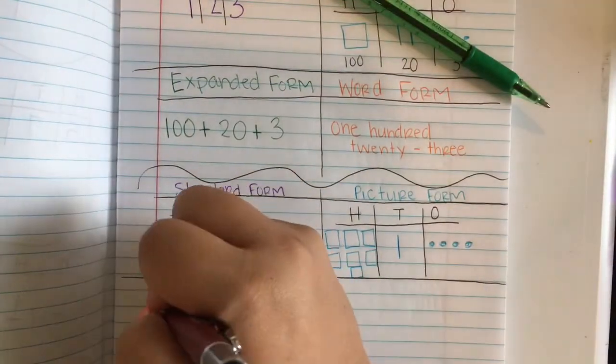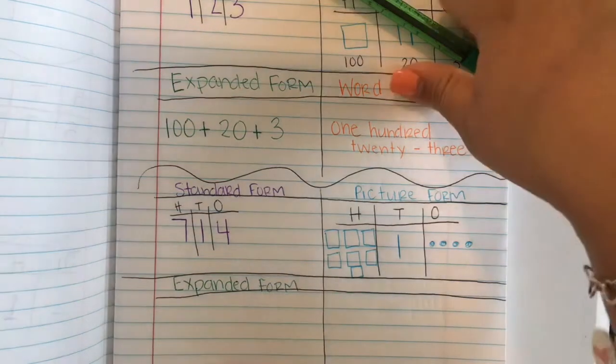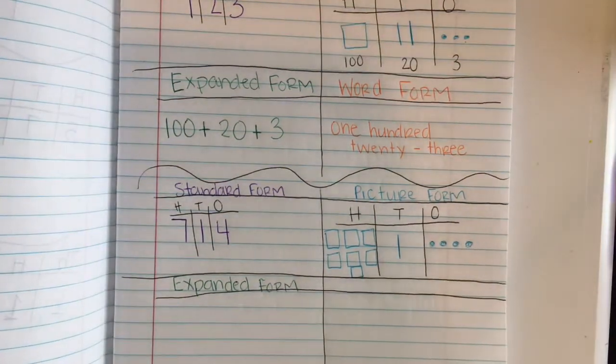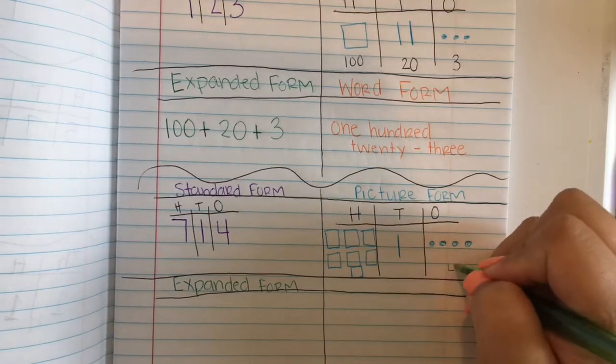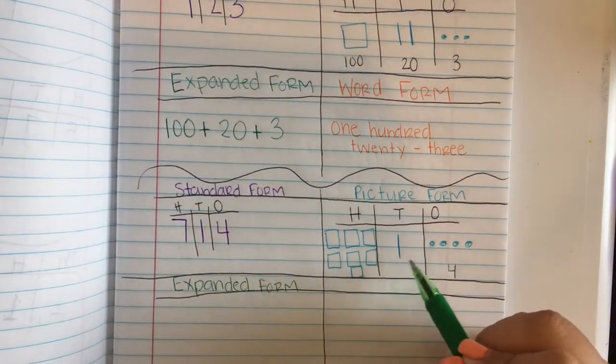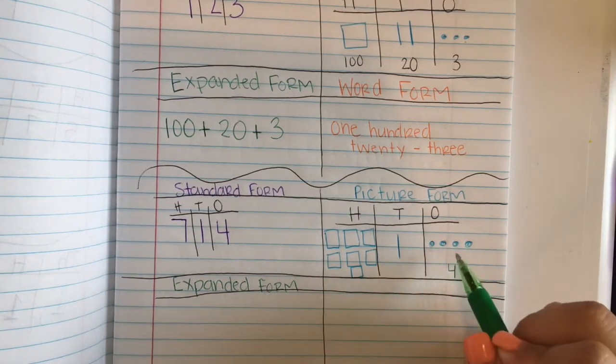All right. Oops, that one went kind of crooked, but it's okay. So right here, remember for that picture form, label, label, label. Labeling is going to help you tremendously. So I have 1, 2, 3, 4. I have 4 ones. I have 1 ten, but remember, I'm not going to write it as a 1. If I write it as a 1-digit number, that means it's going to have to go to this place value.